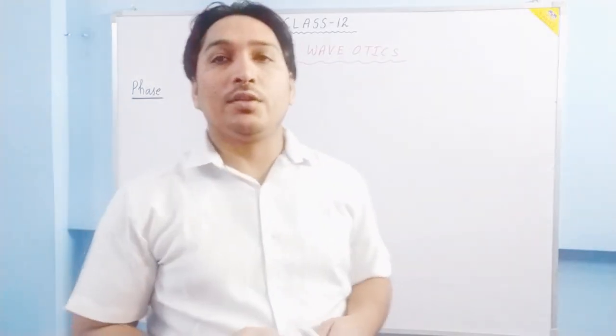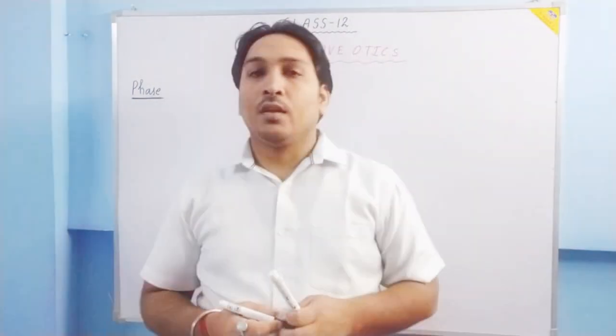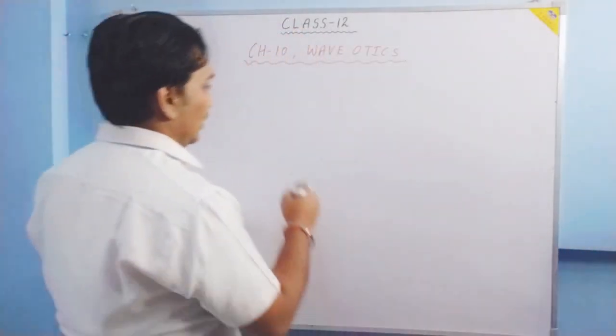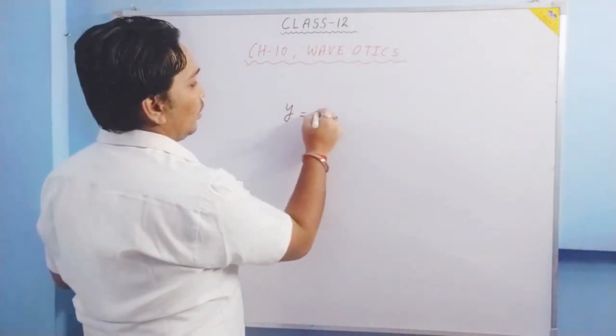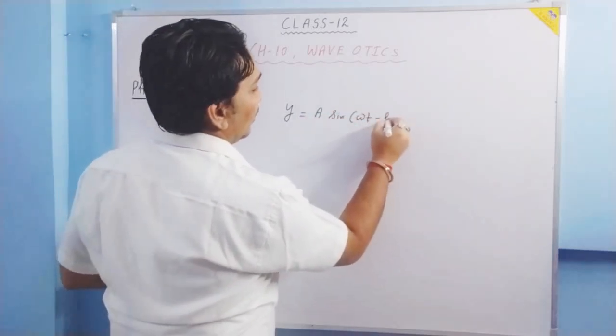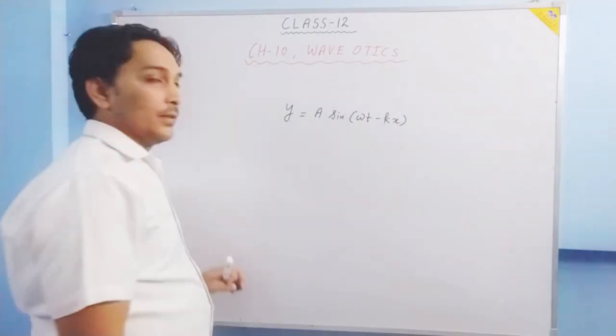Basically, you have studied this topic in class 11. In 11th, you have studied about a wave, that a wave is mathematically represented by y is equal to capital A sine (omega t minus kx).